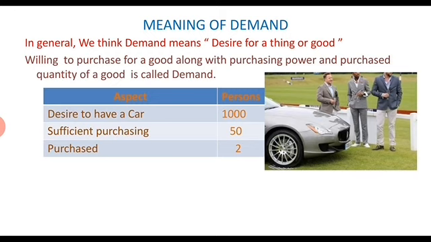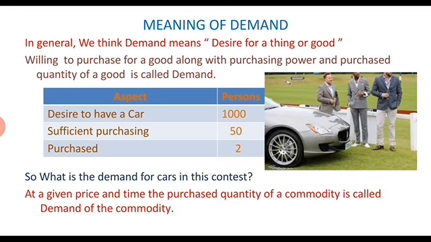Sufficient purchasing power has 250 individuals. Purchased cars by individuals is 2. So, what is the demand for cars in this context? It is 2 only. So, what is demand? At a given price and time, the purchased quantity of a commodity is called demand of the commodity.